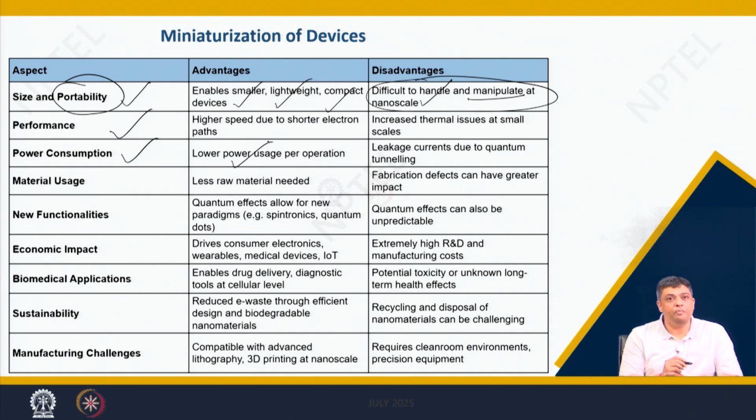You will have lower power usage, but because of quantum tunneling features which may come into the picture, there is a possibility of leakage current. So, it is not true that as we go on reducing the size, everything is advantageous. There would be limiting factors which will come into the forefront, and at each point you will have to address this limiting factor before going to the next step.